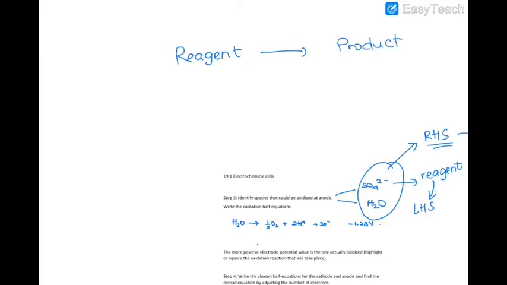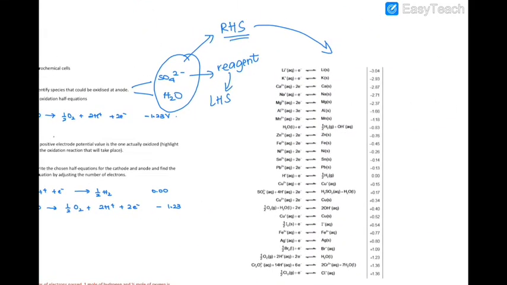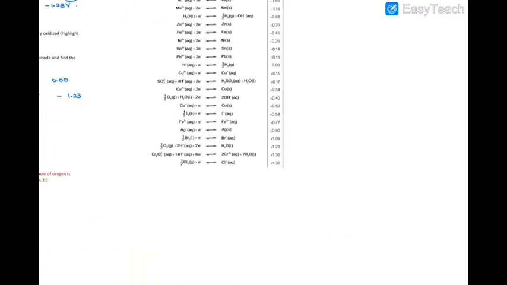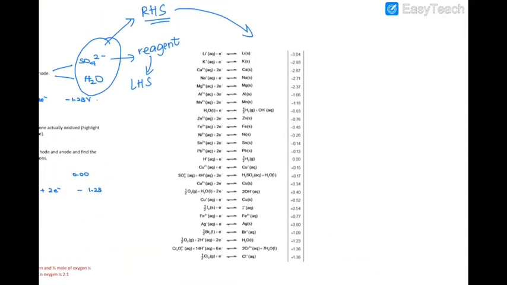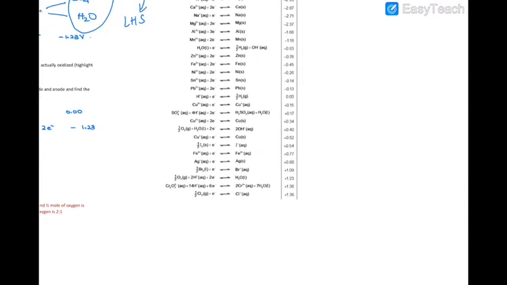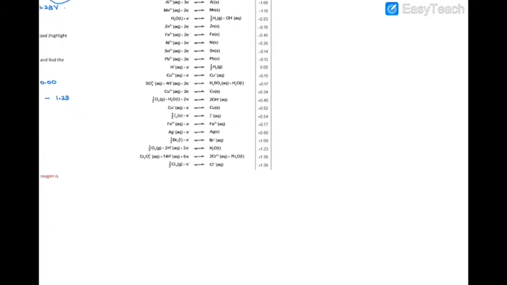So the reagent needs to be on the left hand side and the product on the right hand side. Here our reagents are SO4 2 minus and H2O, so H2O and SO4 2 minus need to be on the right hand side. So let's find the two equations.